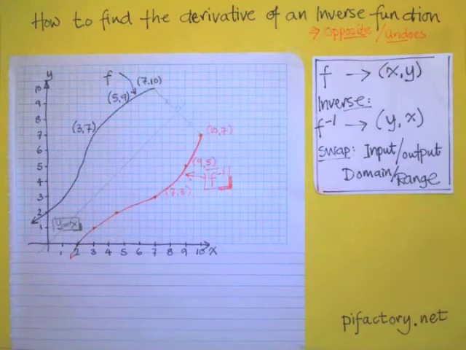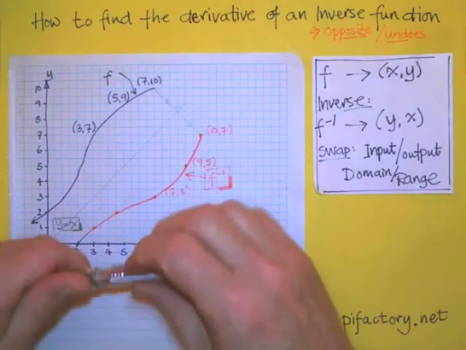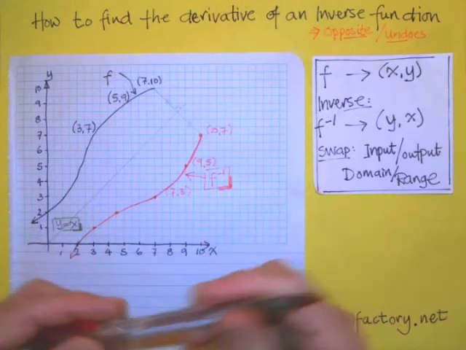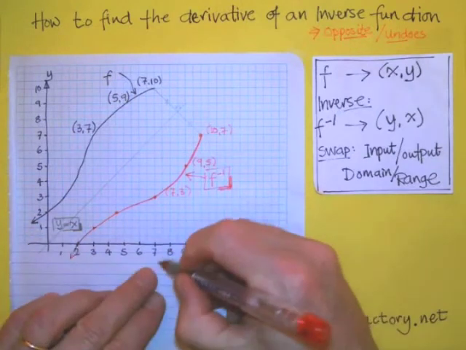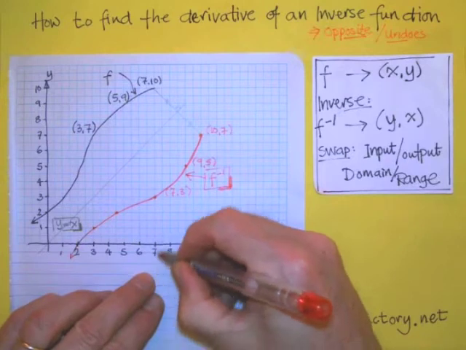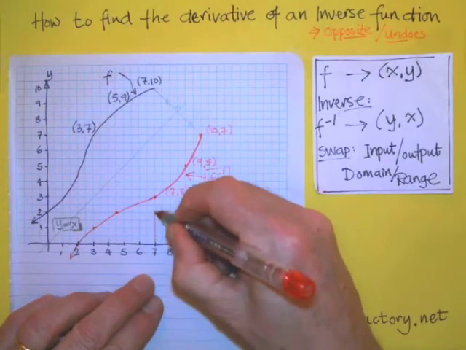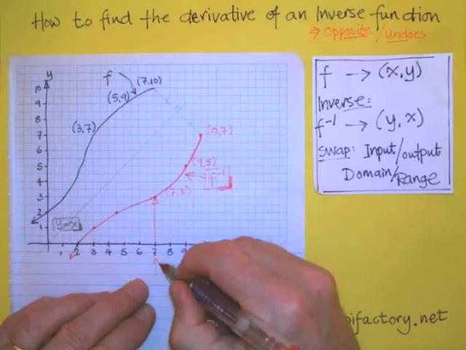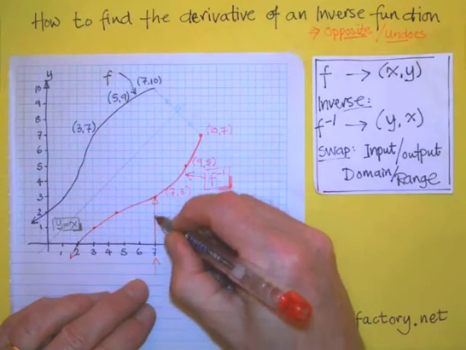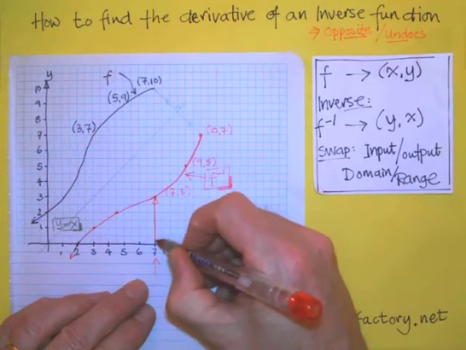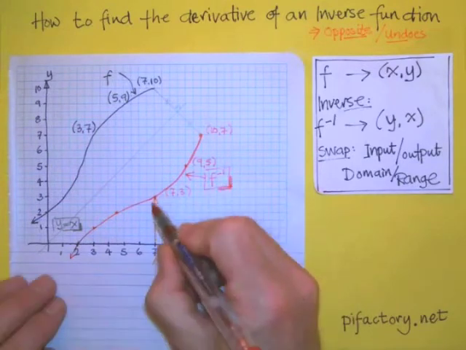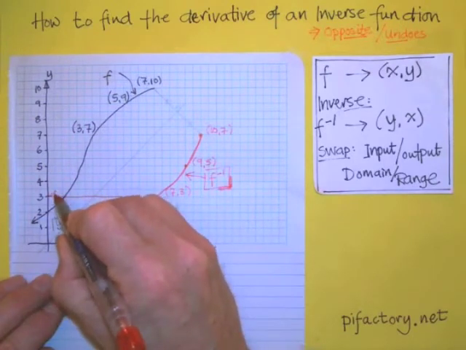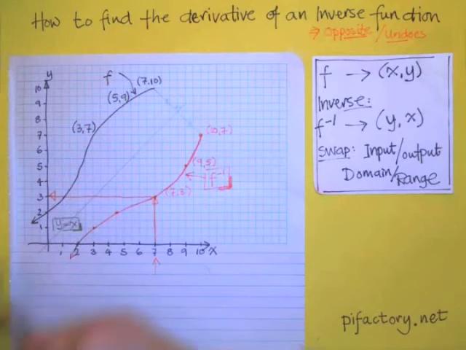Okay, let's just have a look at one way that these inverses work. Let's say we've got an input here. So we're inputting to this point. So here we've got an input. We come up to here, and for this input, which is 7, we come out here, and we get an output of 3.